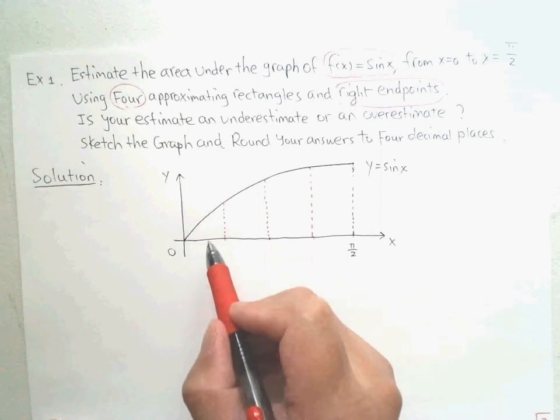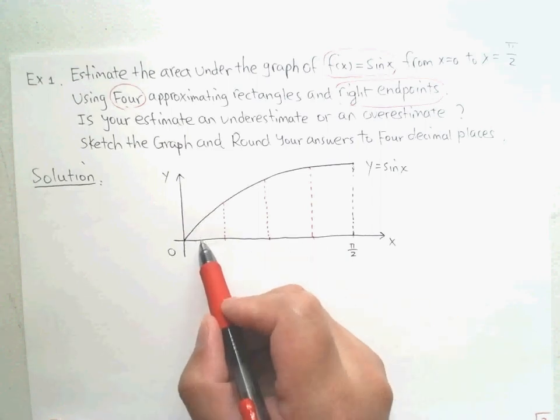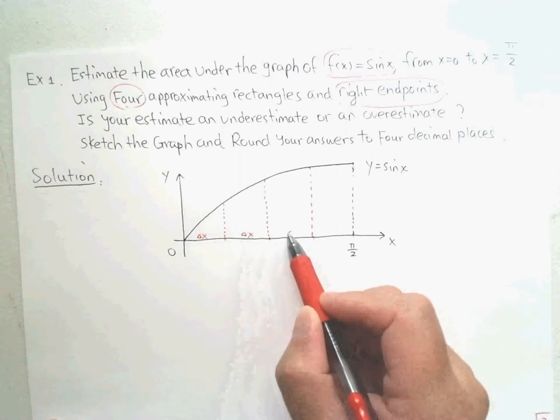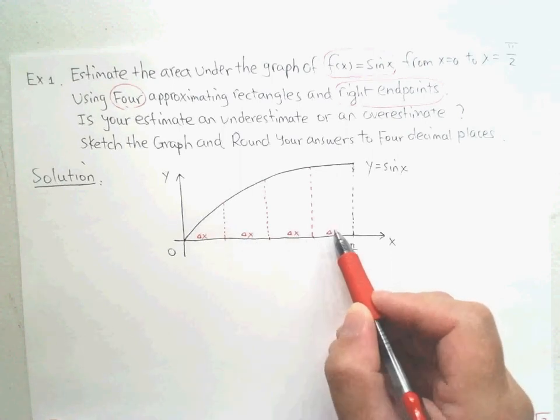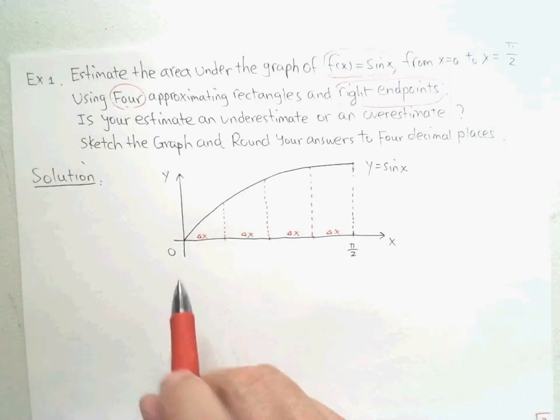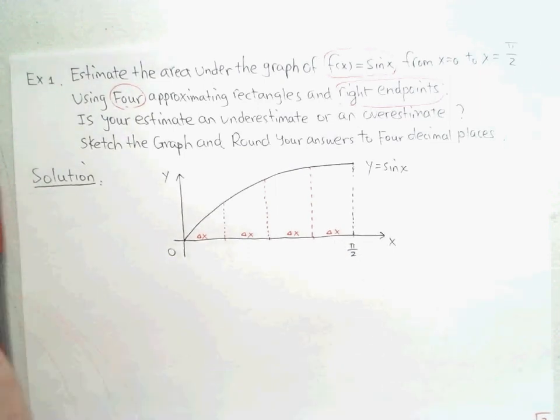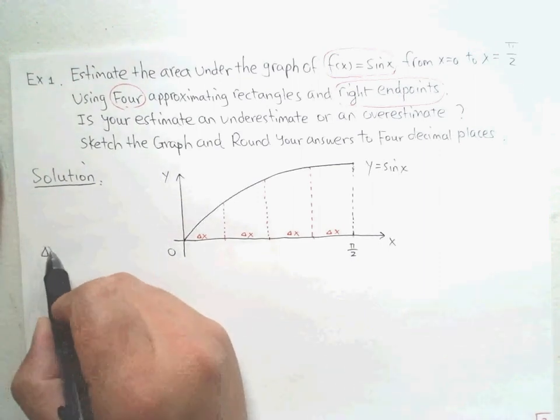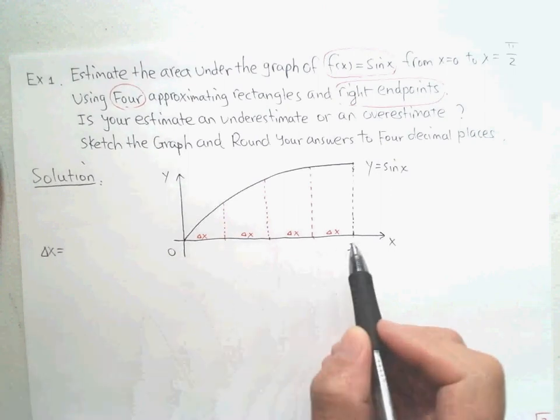What is the point here? So the delta x is very important, right? This we call delta x. Delta x is very important. How to find delta x? I put it here first. What is delta x?